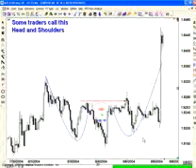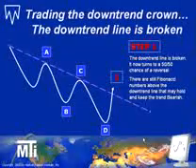Now let's dissect it. It's not that hard. It's just a 1, 2, 3, 4, 5 process. In a downtrend, the market's making down A, B, C, Ds, A, B, C, Ds until it gets tired of it. Once it gets tired of making down A, B, C, Ds, it will break the downtrend line.